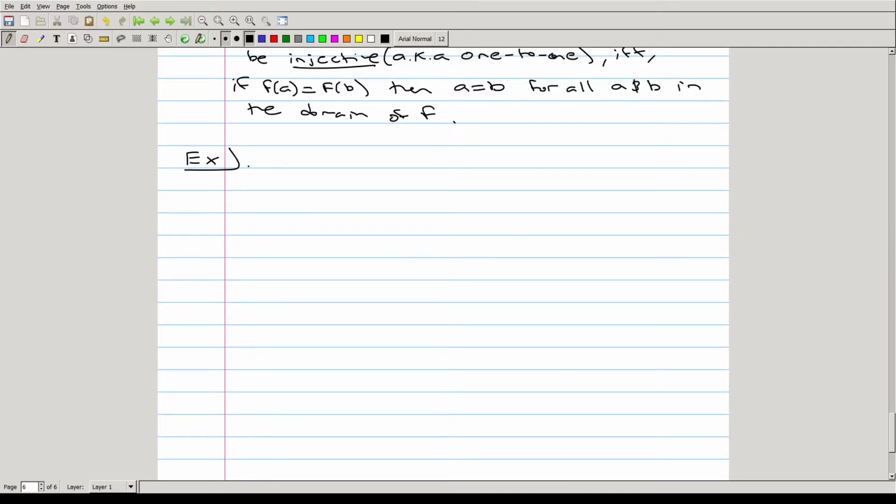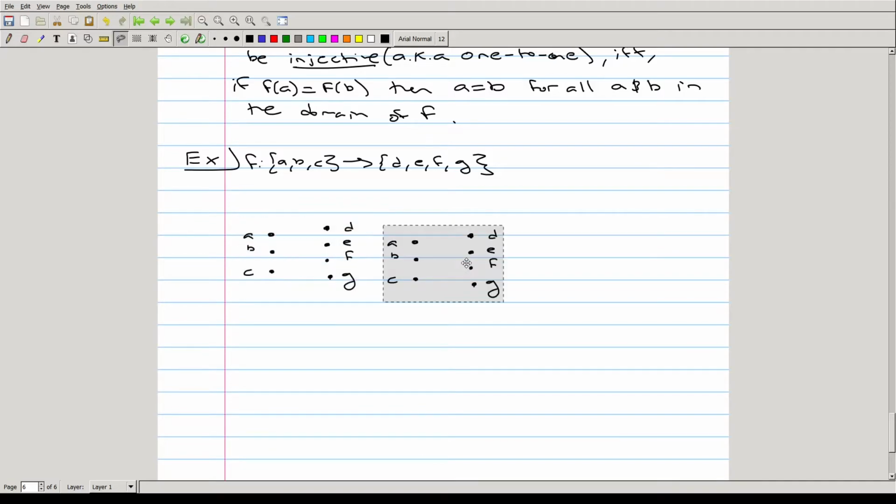So I'll do some examples here. Let's look at f, the function from the set A, B, C into the set D, E, F, G. Look at a couple different examples here.